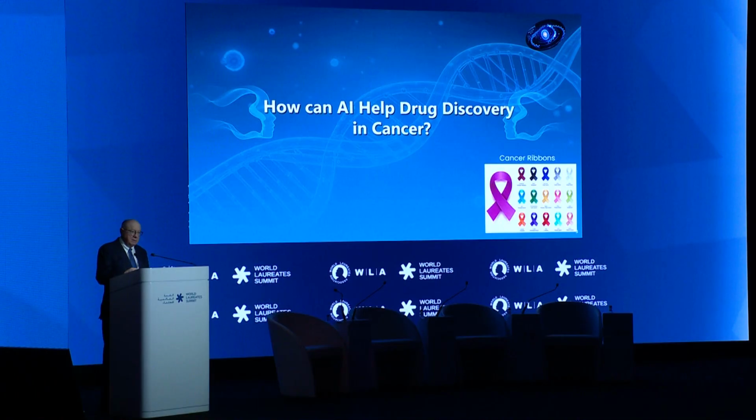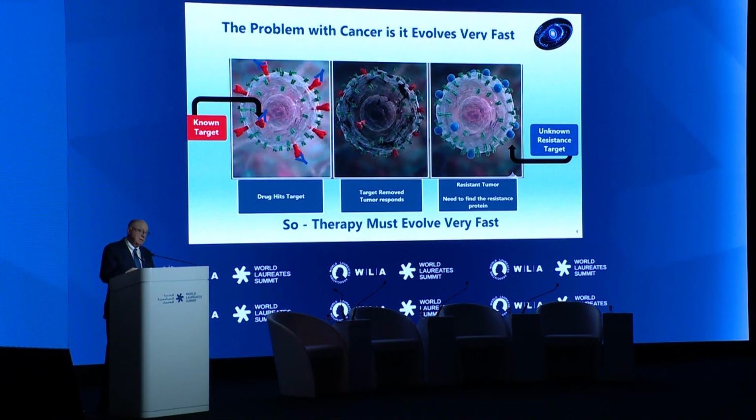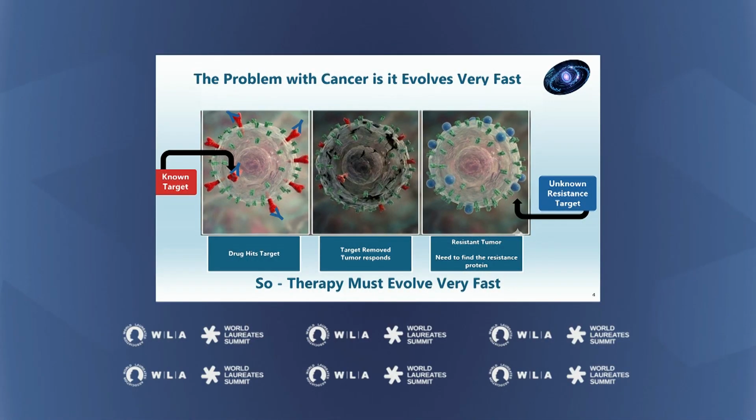In my talk, I'm going to try to give a couple of examples of how AI can be applied to drug discovery in cancer. Among the problems that we have to deal with in cancer is the occurrence of resistant cancer cells.